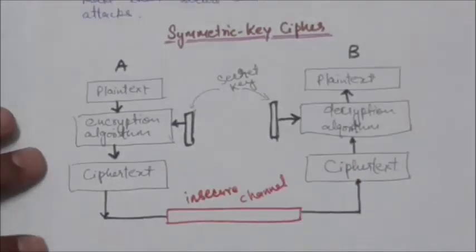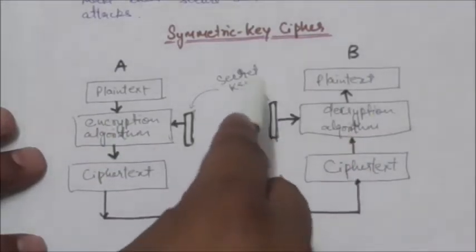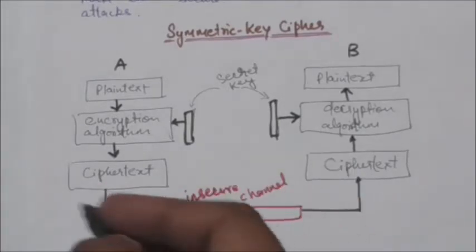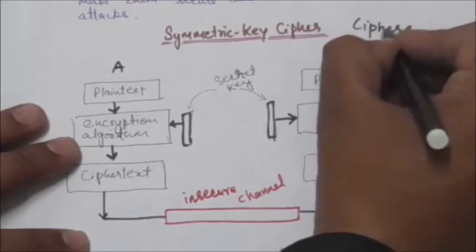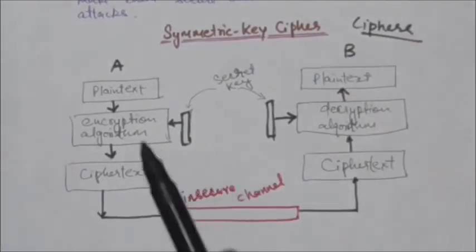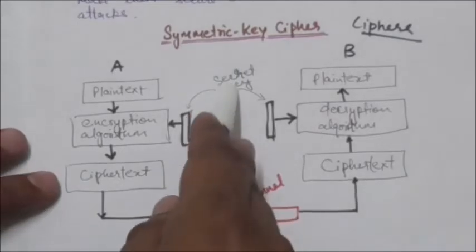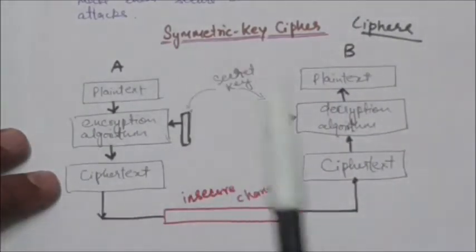Encryption and decryption algorithms are referred to as ciphers. The key is the set of values that the cipher, as an algorithm, operates on.